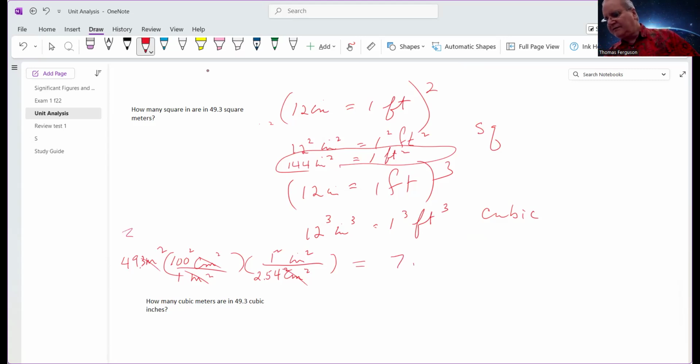Here we're looking at 3 sig figs, infinite, infinite. So this is going to be a 3 sig figs answer.